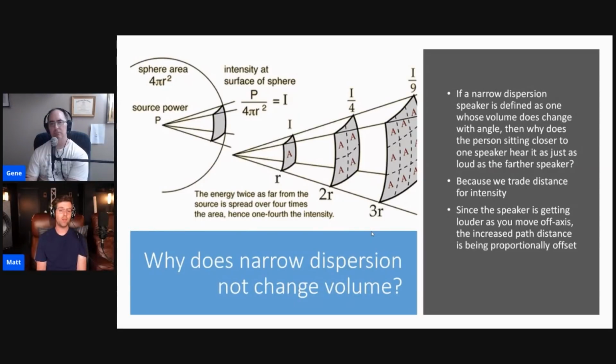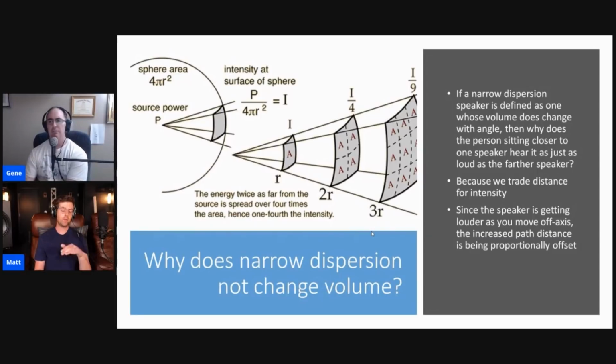The answer is because we've traded distance for intensity. You're getting closer, but you're reducing intensity, so it stays the same. You're reducing intensity because the frequency response is dropping off at a sharper angle with a narrow dispersion speaker. So it's compensated for the longer distance from the speaker on the opposite side that's more on axis, right?